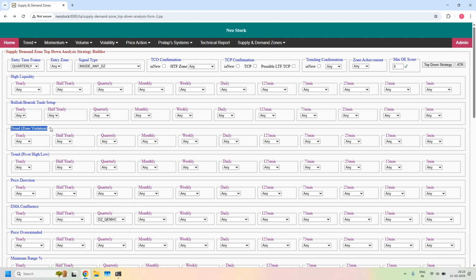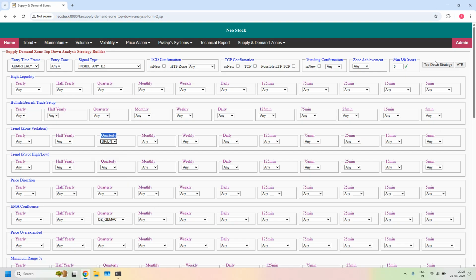And remember, when you select EMA confluence, the trend on the time frame, that is quarterly in this example, should not be sideways. In a sideways trend, EMA confluence does not give any advantage. So that's why we are not using sideways. I am selecting up or down.